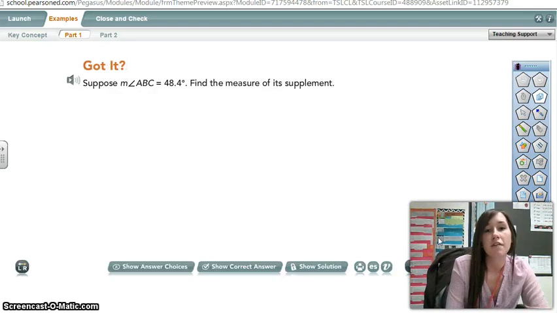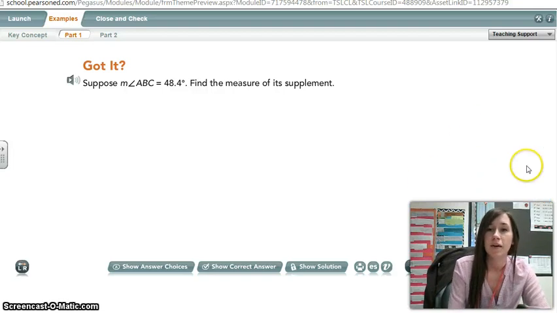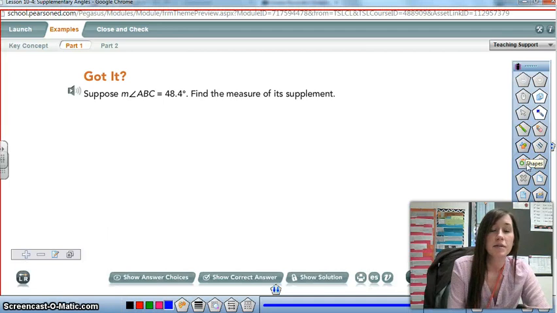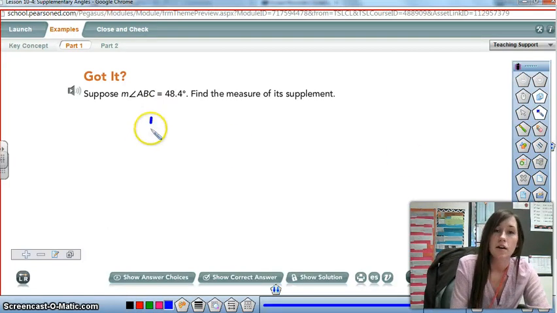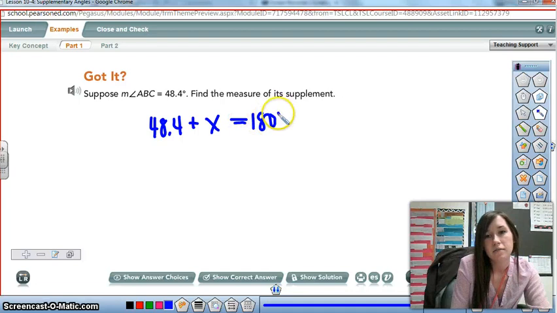Suppose the measure of angle ABC equals 48.4 degrees. Find the measure of its supplement. Well, whenever we talk about supplementary angles, we want to talk about angles that make 180 degrees. So our first angle plus the unknown angle must make 180 degrees.